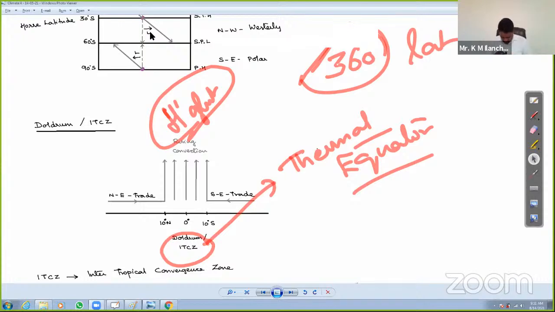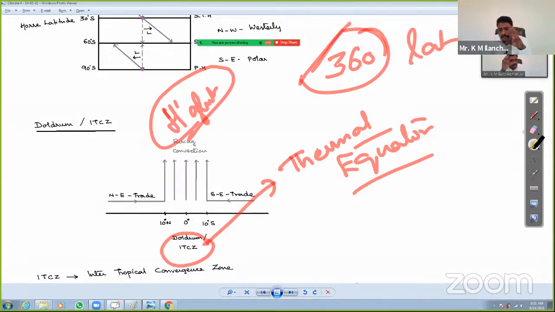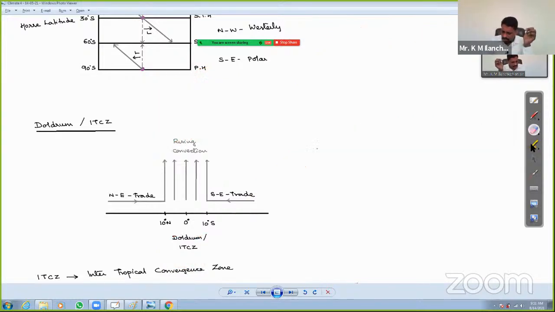my friends, I was just talking about this thermal equator. So, what is this thermal equator? Connecting all the places of the world, from different longitudes. Say, for example, randomly, I'm just taking some world map.